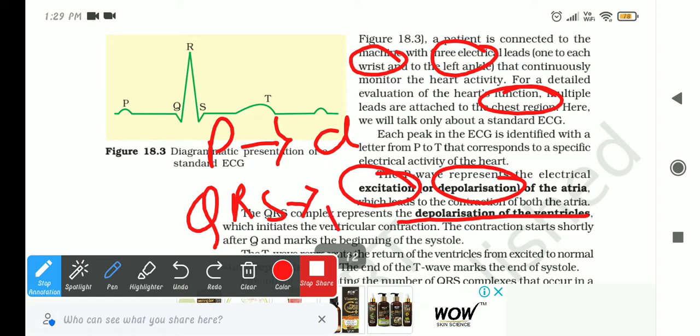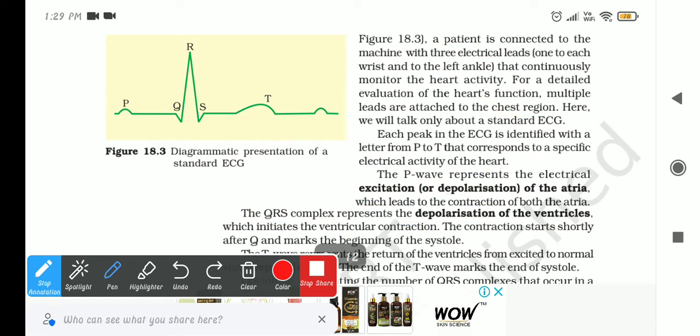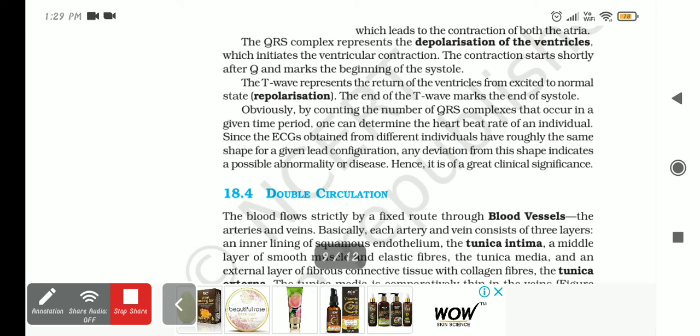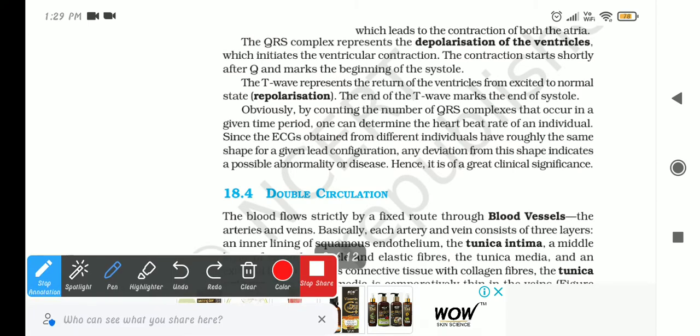The contraction starts shortly after Q, at the beginning of systole. The T wave returns the ventricle from the excited state to the normal state, and this is called repolarization.